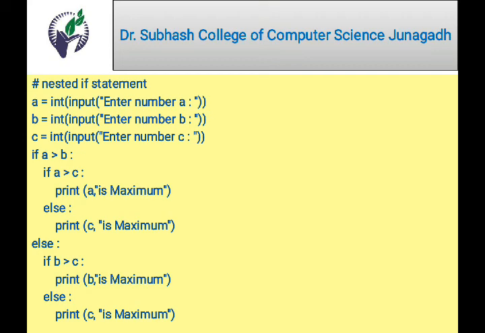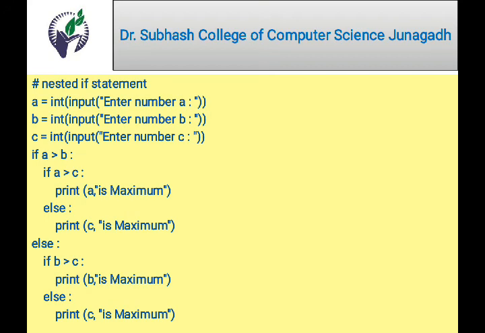Further, the maximum solution that we have found can be optimized by removing the nested if statement, and we can use simple if statements. But the reason it is called a nested if statement is that here we have used an if else statement inside an if statement. Here again we have used an if else statement inside this else statement, meaning one if statement inside another if statement, which we call the nested if statement.